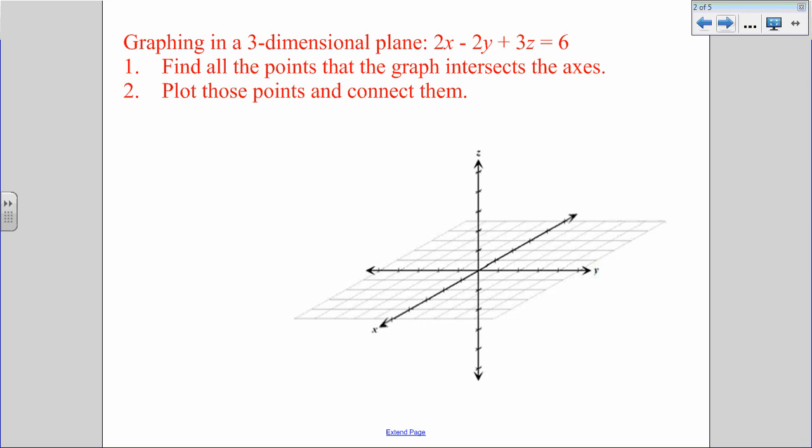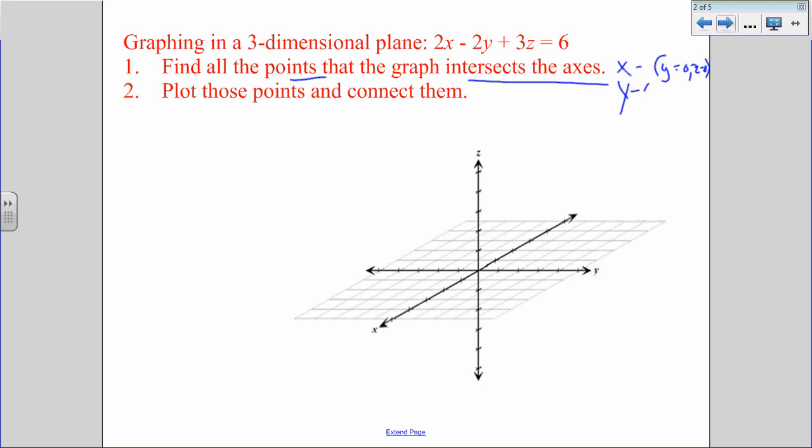Oh, yeah. We need to graph in a 3-dimensional plane. 2x minus 2y plus 3z equals 6. What we're going to do is find where all the points intersect their axes. You're basically finding x, y, and z intercepts now. If you remember how to find intercepts, guys, that means for the x-intercept, y will equal 0 and z will equal 0.